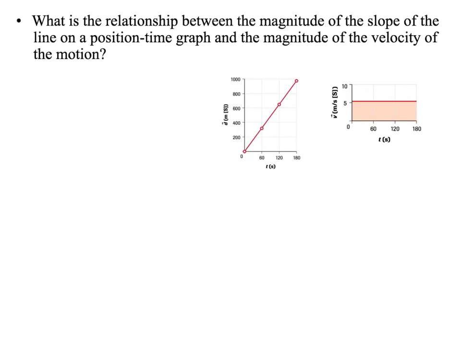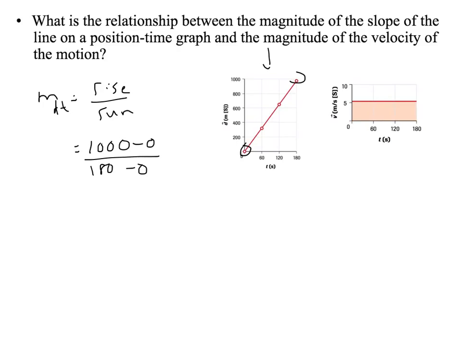Okay, let's take a look at the slope of our dt graph. Okay, the one on the left, right here. So if we look at rise over run, and let's take that point and that point because it's easy. So we'll say we have a rise of about 1,000 minus 0 over 180 minus 0, which is of course just simply 1,000 over 180.